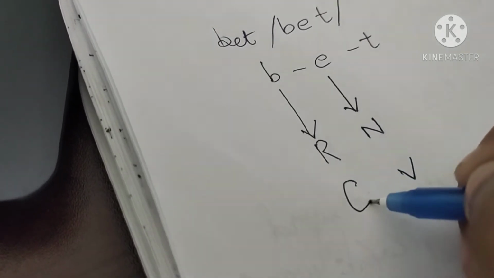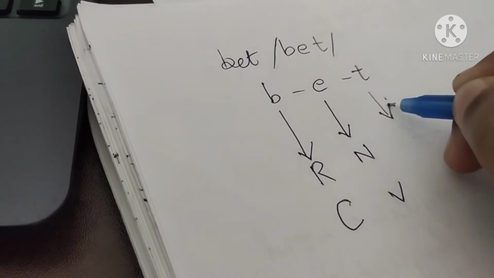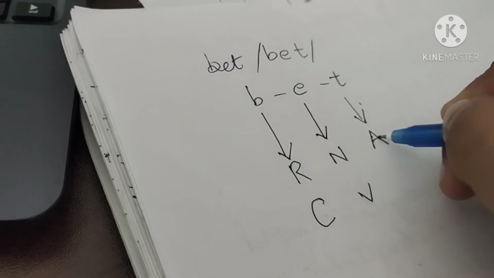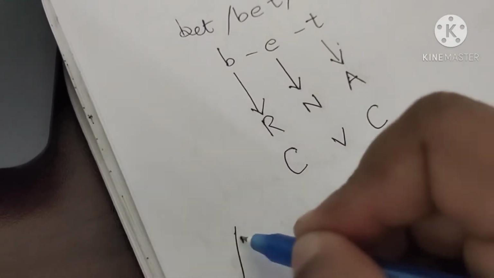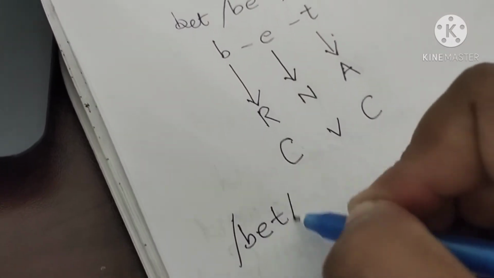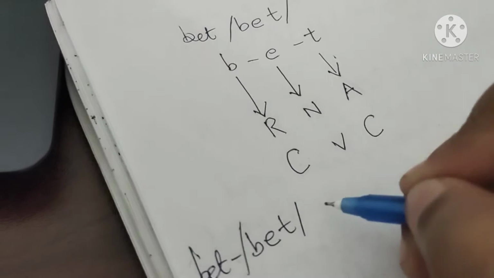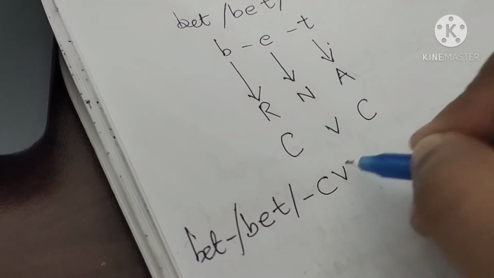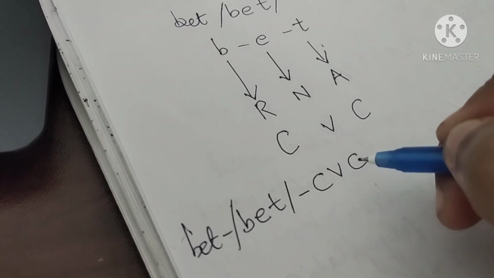And t is the consonant at the end of the syllable, which means it is an arresting consonant. So for bet, the syllabic structure is C, V, C. It's very easy. E is the vowel, the other two are consonants.